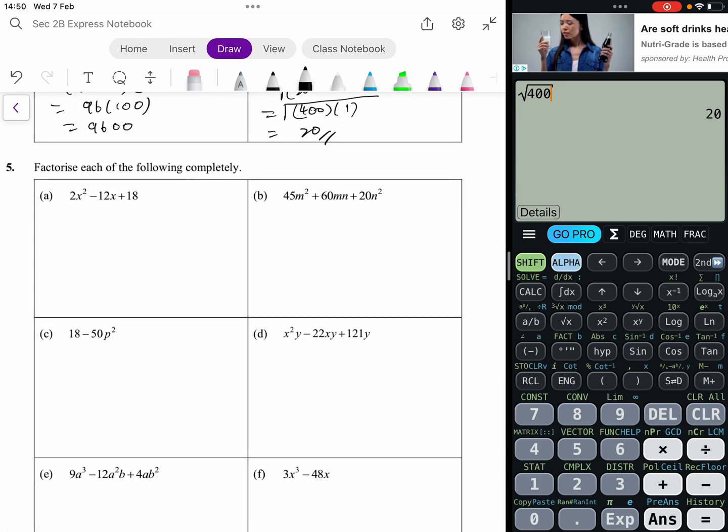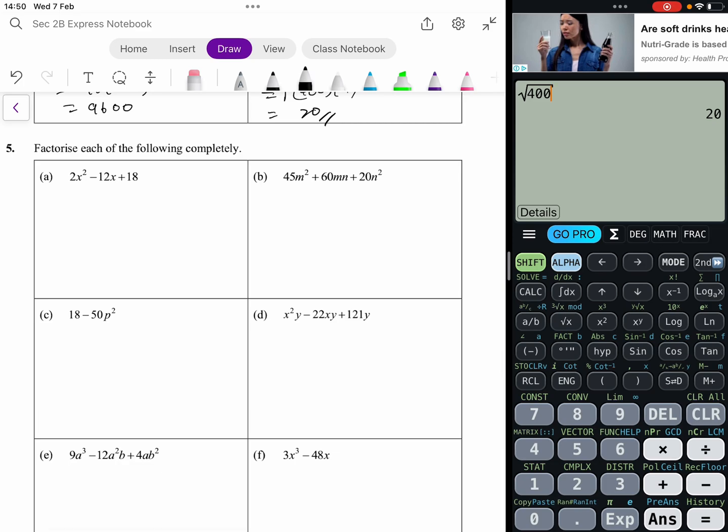Okay, so if you look at this, it's obvious that you have to factorize out the common terms first. 2x squared minus 6x plus 9, 2. Right, so again, look at the sign. Minus plus, perfect square. So we get 2 times x minus 3 squared.